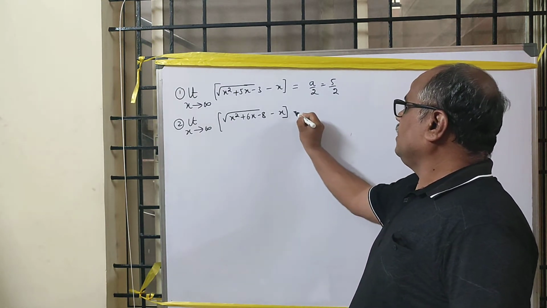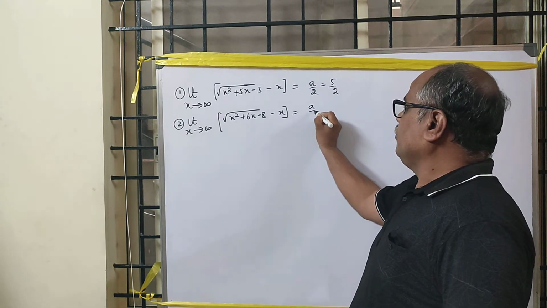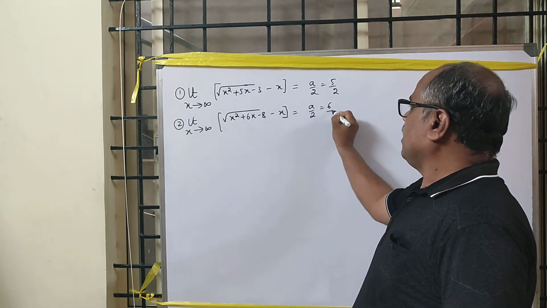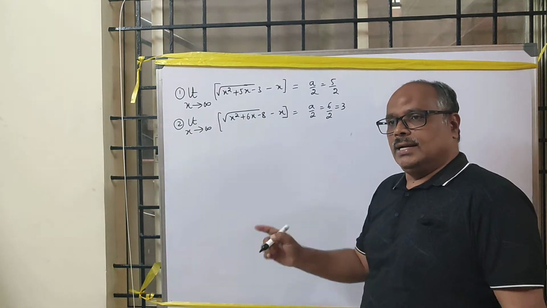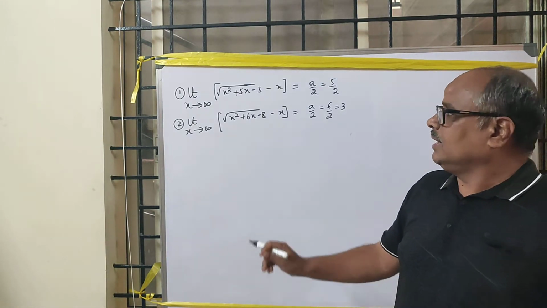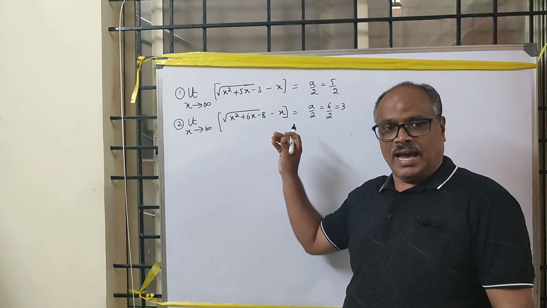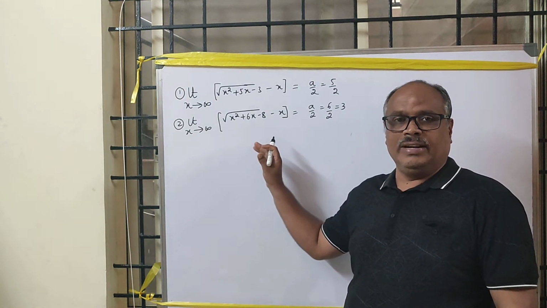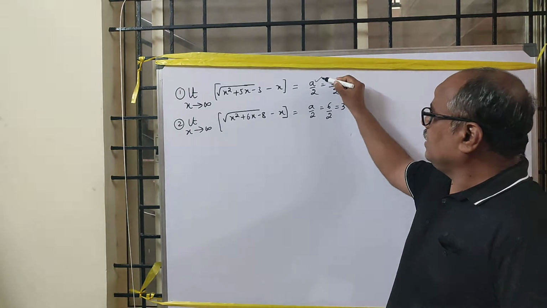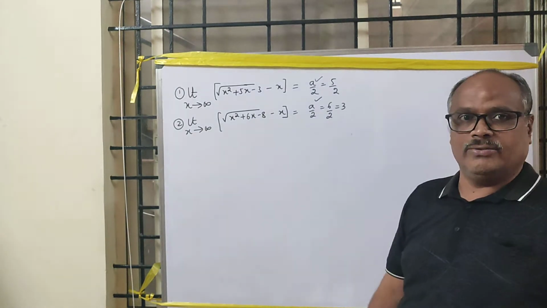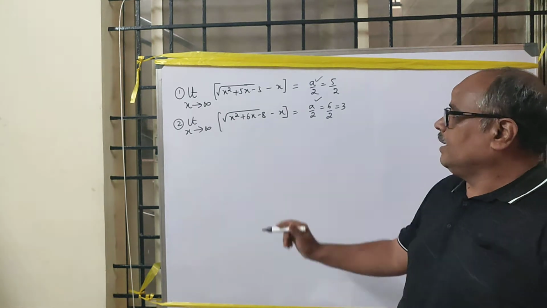For this one, a by 2 should be equal to 6 by 2. The answer is 3. In the traditional method, if we calculate, we will take more time. That's why we have to remember this shortcut. What is that? a by 2.